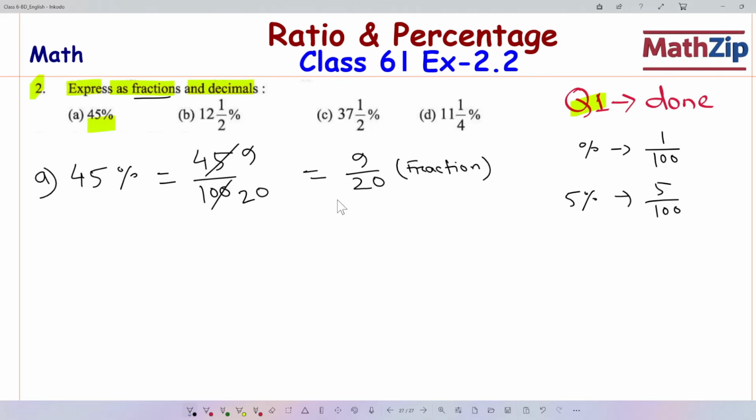So how about decimals? Once we divide 9 by 20 we will get the decimal. You can use a calculator, and in that case you will get 0.45.